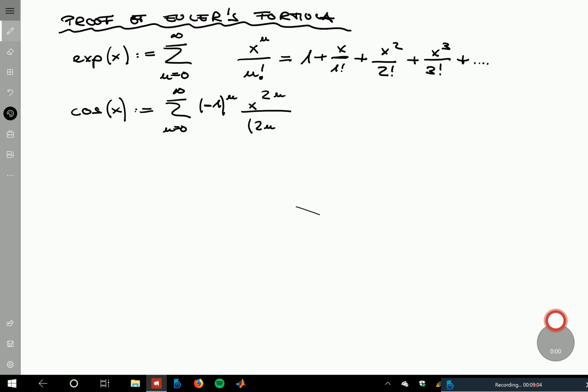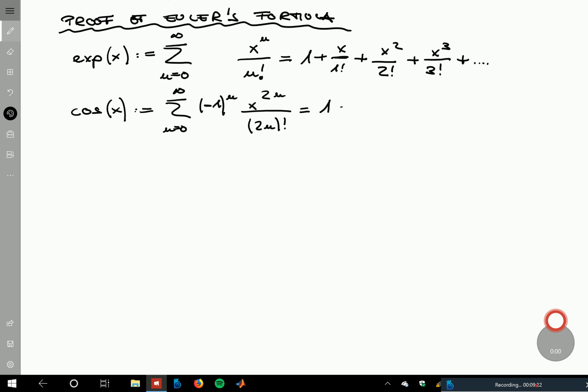There are some typos in there that I have to remove. So that's 2n and then the factorial, not 2n and then factorial.